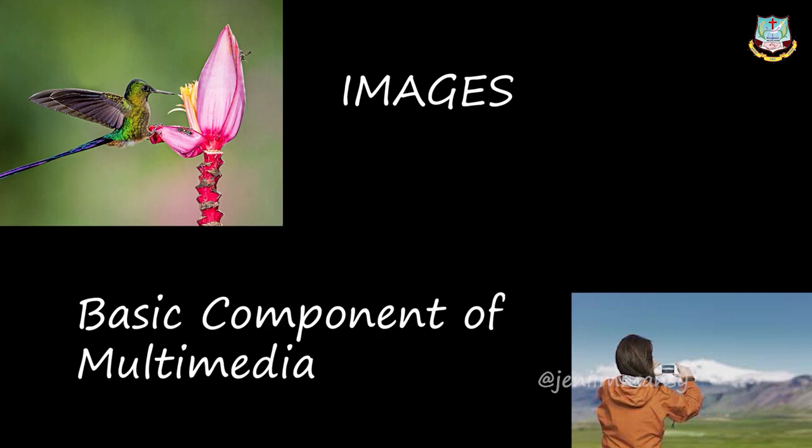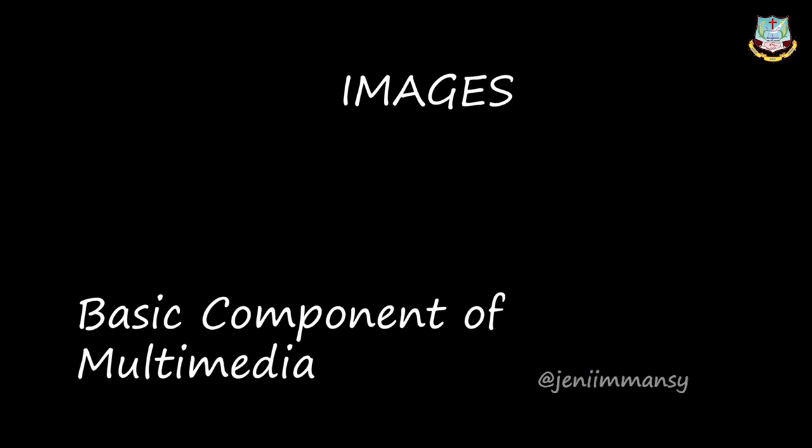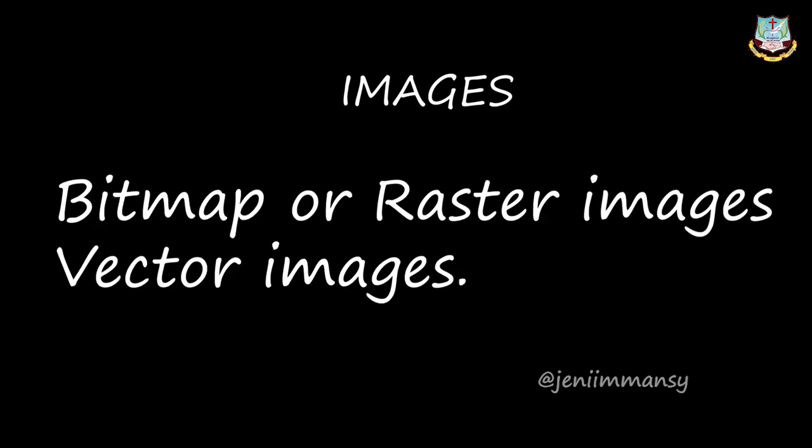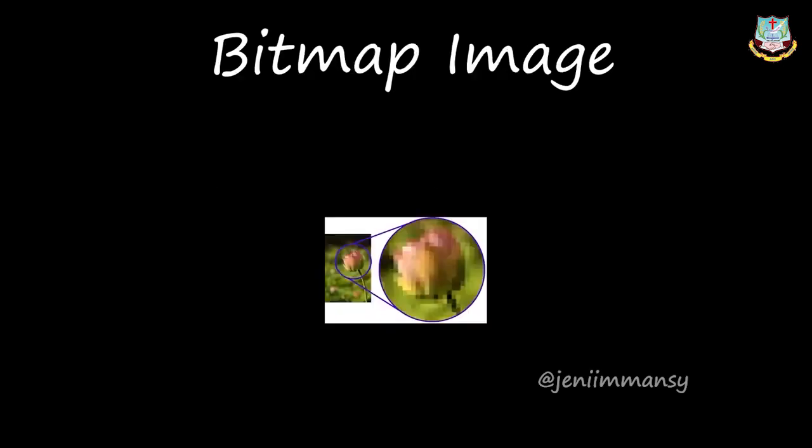Image is the basic component of multimedia. We have two types of images. First one is bitmap images or raster images. Next one, vector images. First, let's see the bitmap images.